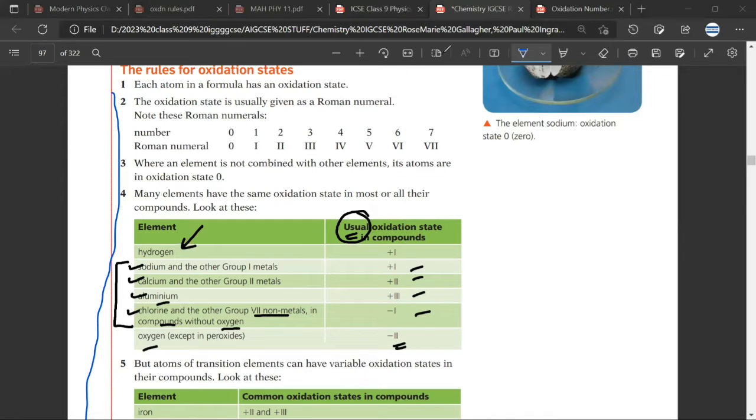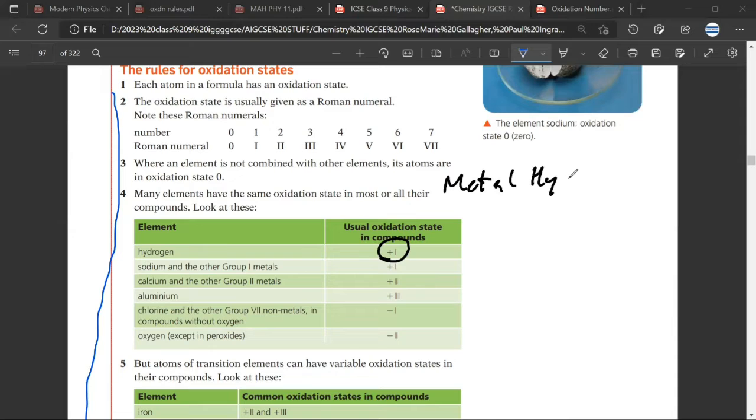Similarly, what you need to remember is that the usual oxidation number of hydrogen is +1. But what if it is making a metal hydride? So, for example, let us assume that we have a compound like NaH. Now sodium will always have an oxidation state of +1, and that is why, in case hydrogen is with a metal, its oxidation number would be -1.